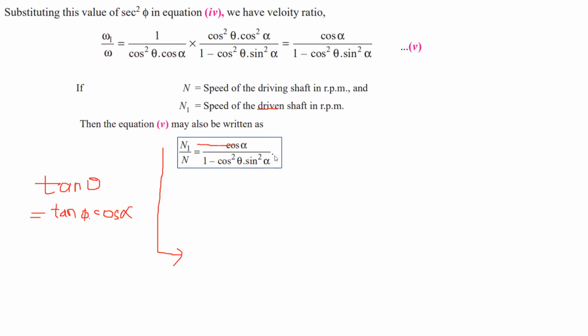So we have eliminated phi from the equation. Omega 1 is nothing but 2 pi n1 upon 60, and omega is 2 pi n upon 60. So it can be written as n1 upon n equals cos alpha upon 1 minus cos square theta sin square alpha. So you note it down.